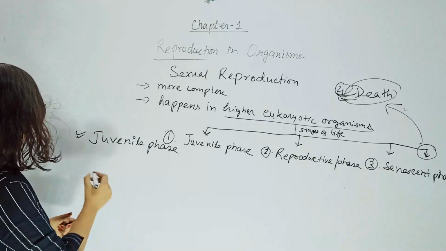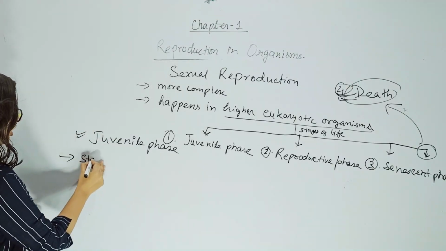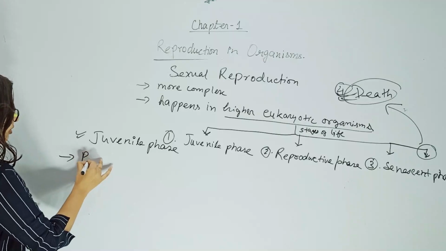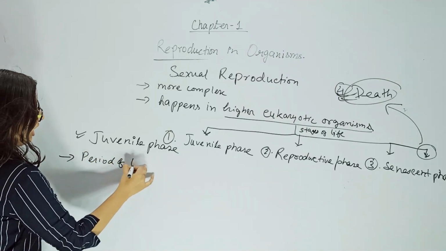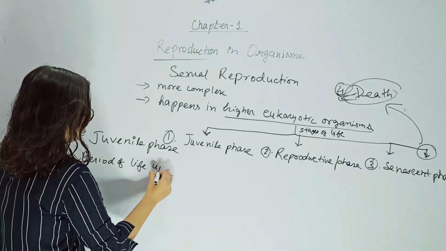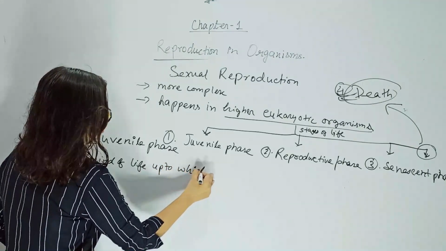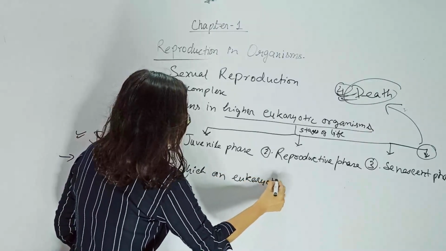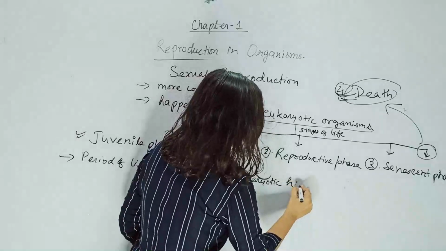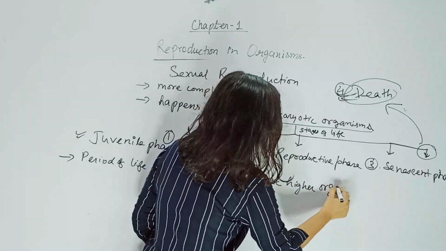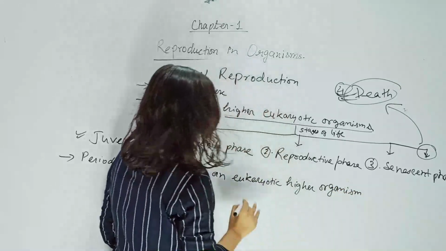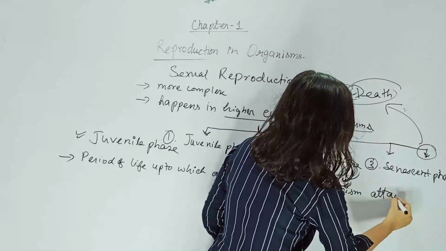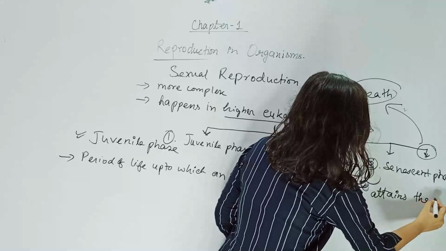So that particular stage, let us consider it the period of life up to which a higher eukaryotic organism attains the reproductive capacity.